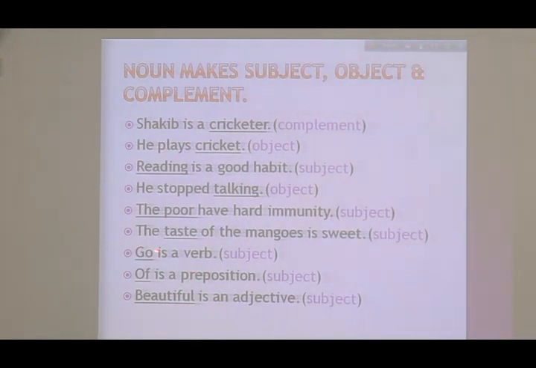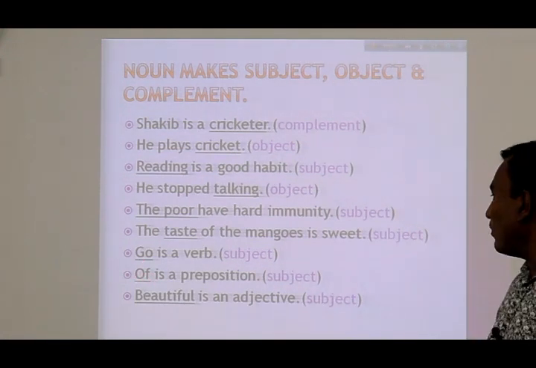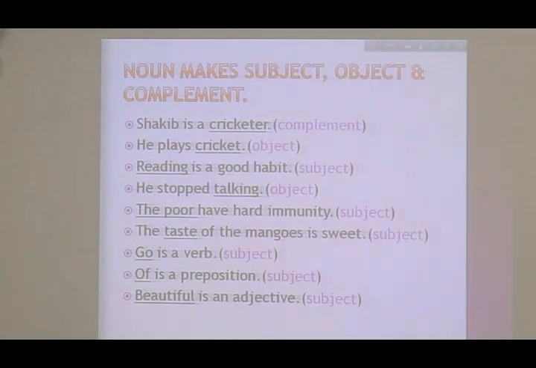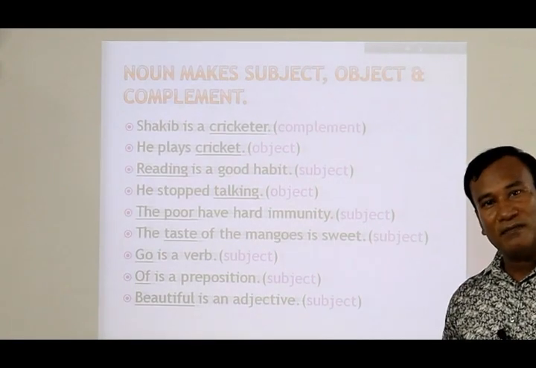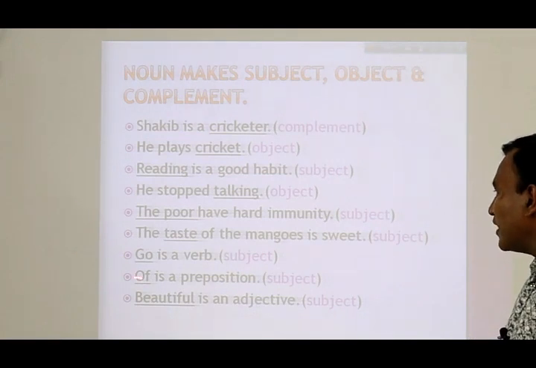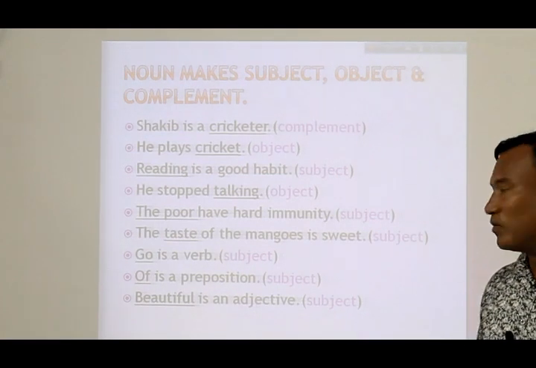Of is a preposition. But of is used here as subject. So of is noun in this sentence. In an isolated sentence, of can be preposition, but in this sentence, of is used as noun.